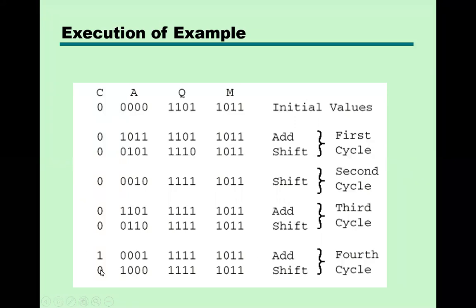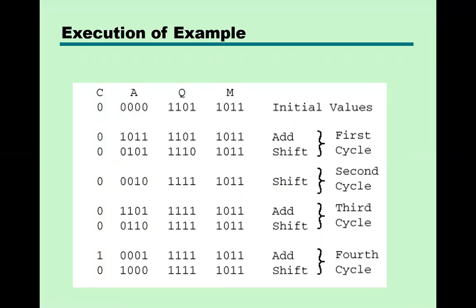When you add 128 plus 1 plus 2 plus 4 plus 8, when you add all these values, you get the multiplication number. Within 2 minutes, I will again recapitulate this example that we have seen in the last lecture.